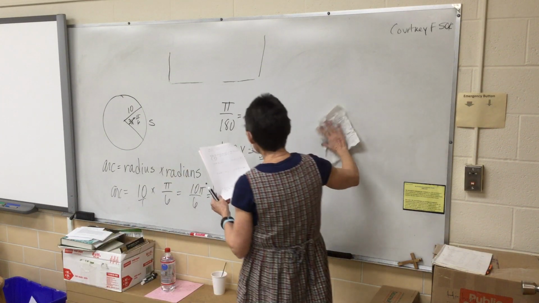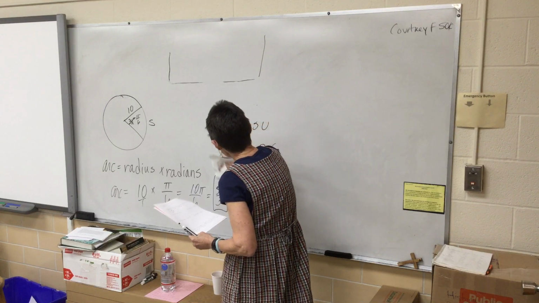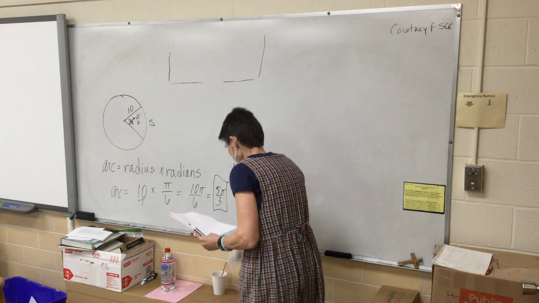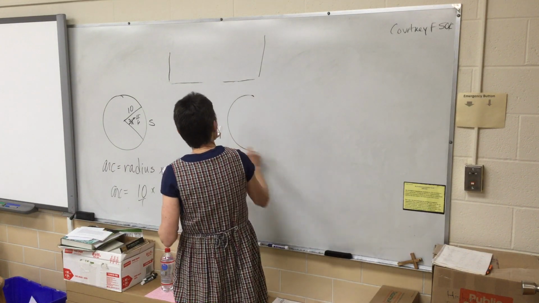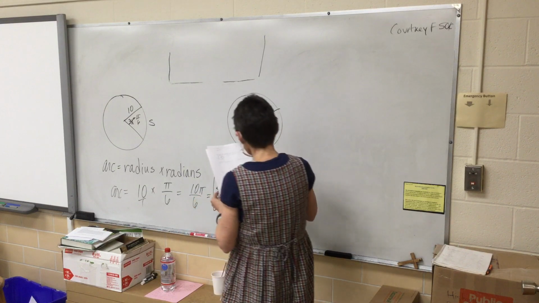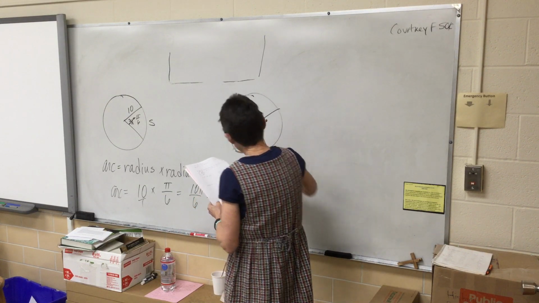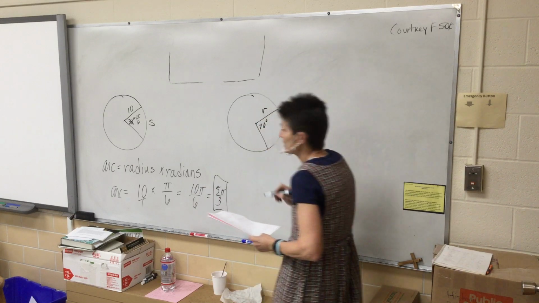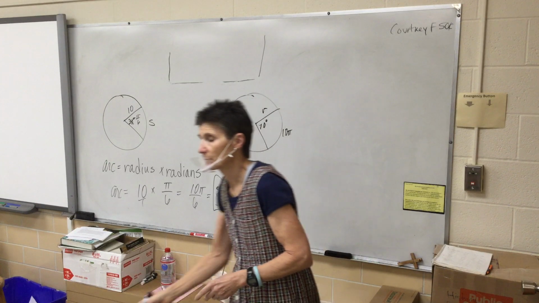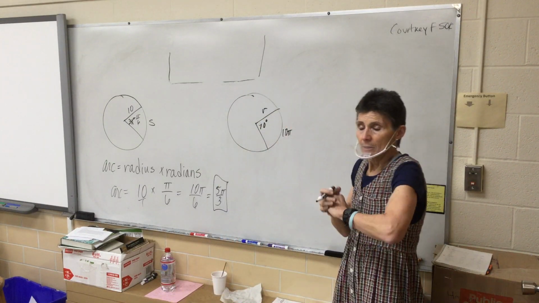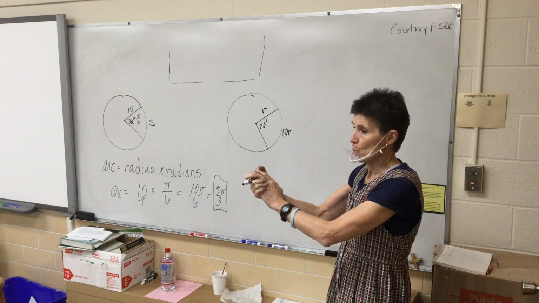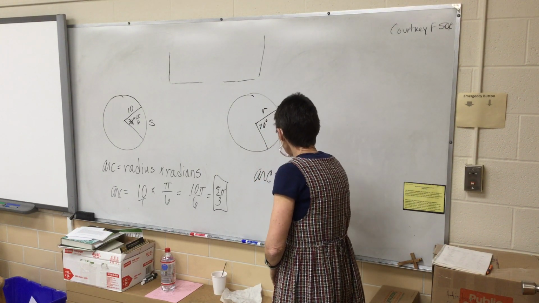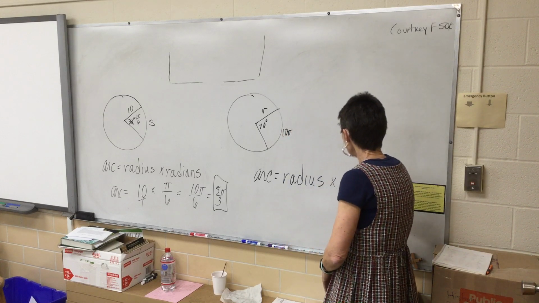Okay, one more, another hard one, because look, it's got a degree measure in it. That's always bad news. I know, we can do it though. So here's the scenario. We have a 90-degree angle. We have an arc length of 10 pi, and we want the radius. We know that arc length equals radius times radians.